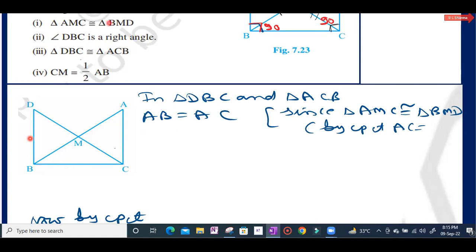AC is equal to DB. Sorry, I have written wrong here. AC is equal to DB.